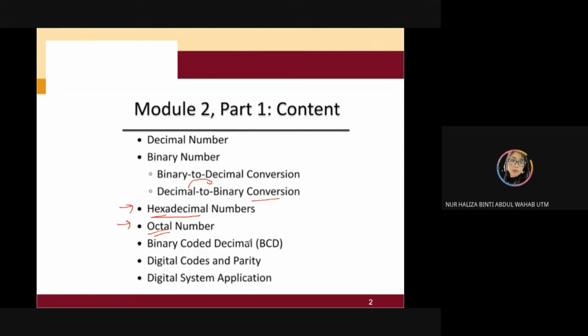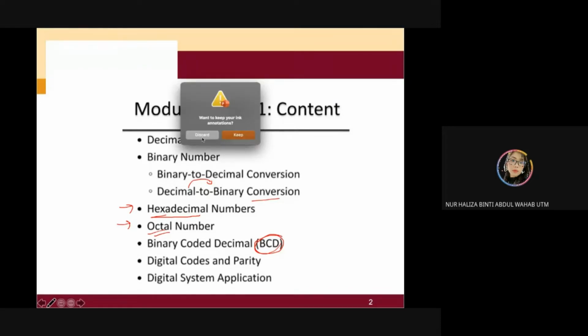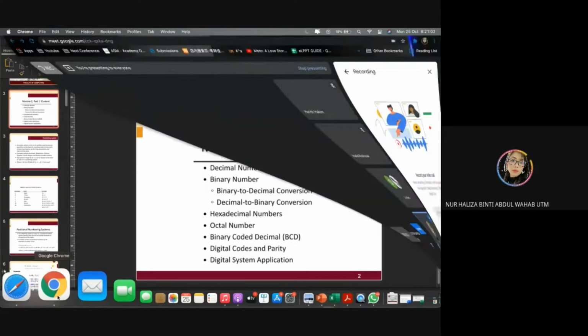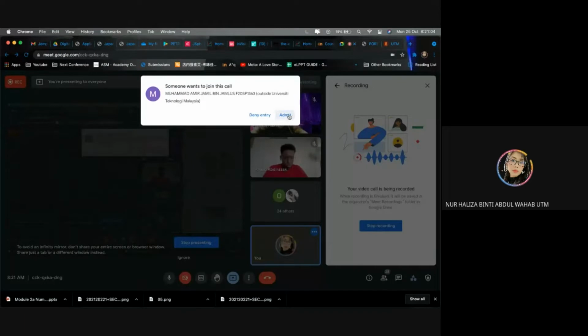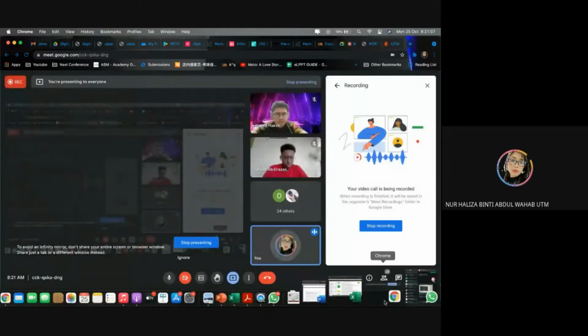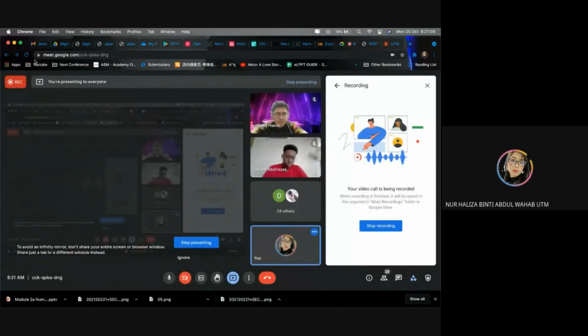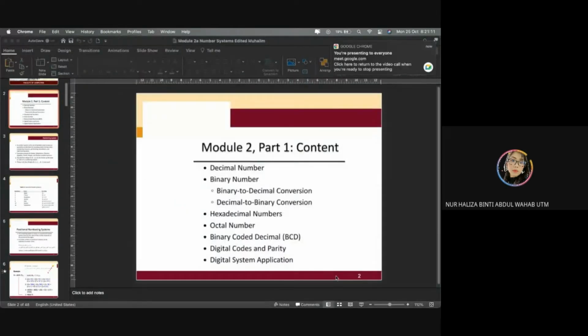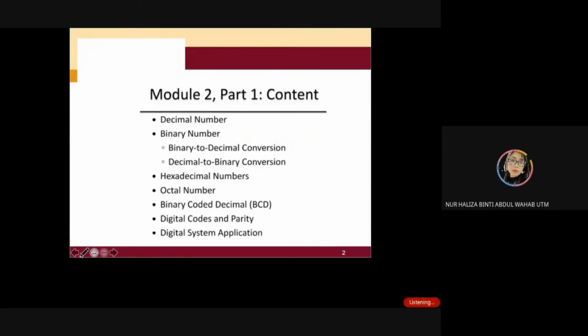And then there will be something very new for you, a system called BCD, binary coded decimal.